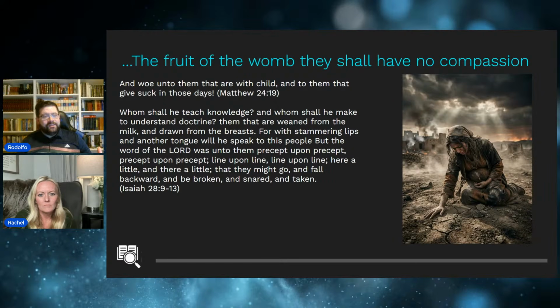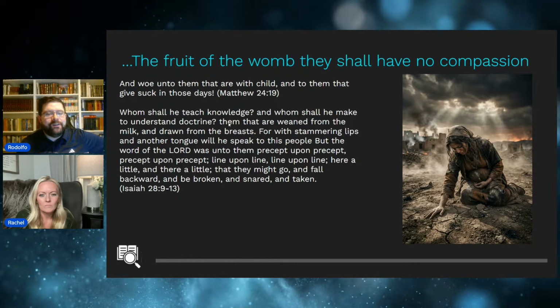The child can be somebody who is not mature enough in spiritual maturity. And that's exactly what Isaiah 28 says. "Whom shall he teach knowledge, and whom shall he make to understand doctrine? Them that are weaned from the milk and drawn from the breast." So these are the ones who are whining for milk.